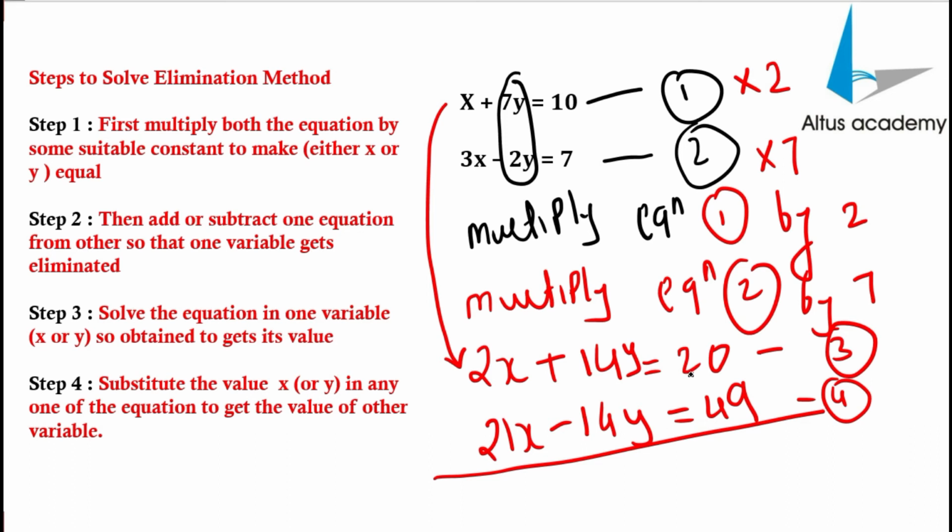Now as you can see on the screen, my y term is getting cancelled. It is plus 14y and minus 14y, so it is cancelled and you write the terms you are remaining with. 21x plus 2x you get 23x is equal to 49 plus 20, you get 69.